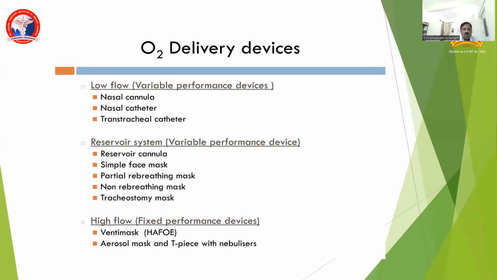Low flow devices involve nasal cannula, nasal catheter, and transtracheal catheter. Ones with reservoirs will provide variable performance output, which include face mask, partial rebreathing mask, non-rebreathing mask, and tracheostomy mask. High flow will provide fixed performance.